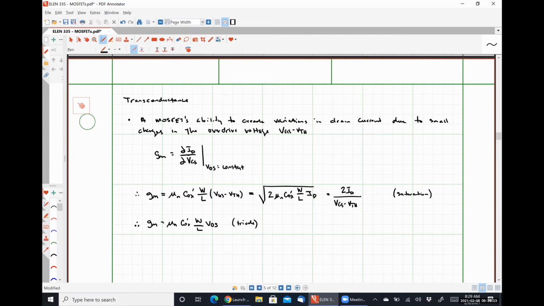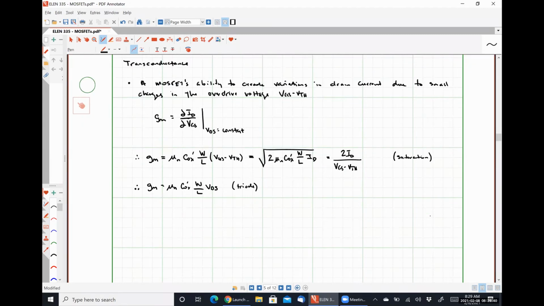So just like our BJT amplifiers, we had them biased in the forward active region. We want our Mosfet amplifiers biased in the saturation region where the device current is effectively steady. Now, with channel length modulation effects present, our transconductance is going to look a little bit gnarly. So this is still technically saturation, but we are not neglecting channel length modulation.